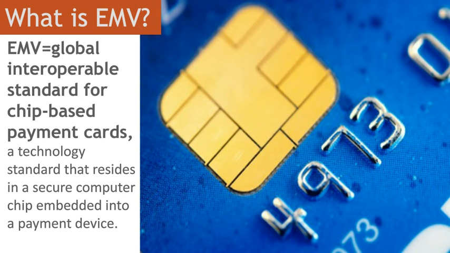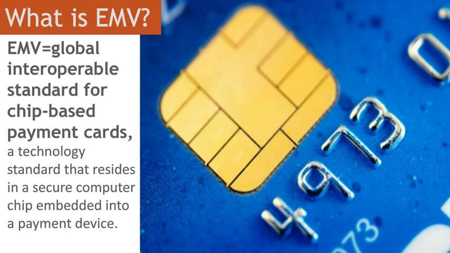Thanks, Carrie. EMV stands for Europay, MasterCard, and Visa, and was an agency started in Europe to help give protection to payments. It's a chip-based technology, much like what you're seeing here on the screen. That chip is placed into credit and debit cards, and it allows the issuers and people processing those transactions to know that the card is legitimately the card it was supposed to be and not a counterfeit.